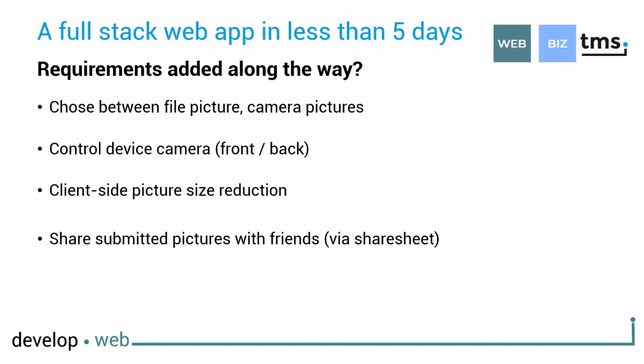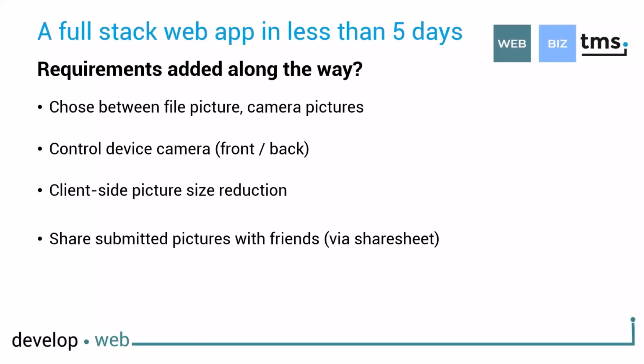Another requirement that came up was controlling the client-side picture size, just in case someone would pick a picture from the local file system, for example, that was huge, like 8 megabytes. These days that is not an exception for a picture when using a high resolution camera.